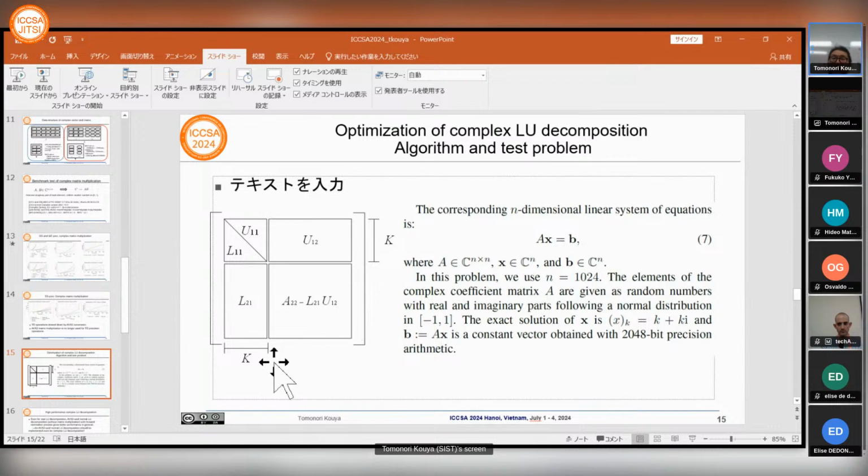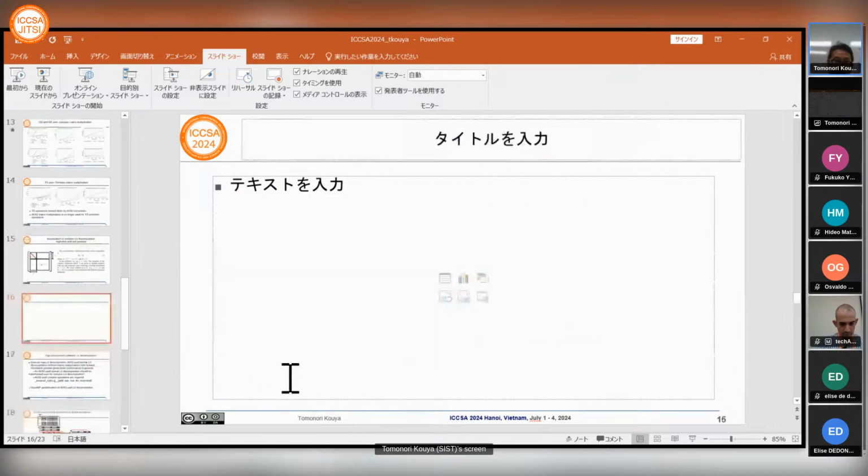So we can optimize by changing the width k to find the best point of LU decomposition performance.